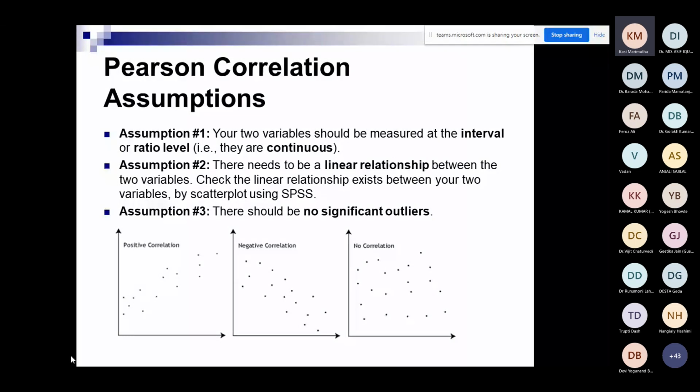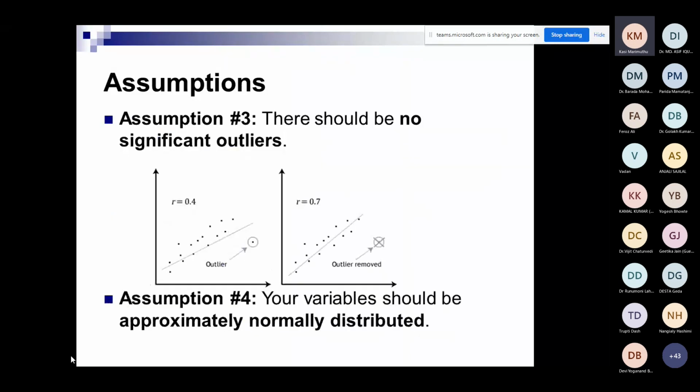An outlier is one value or a few values away from the rest of the observations, an extreme value in a study. That may affect your analysis. So there should be no significant outlier, and your variable should be approximately normally distributed.